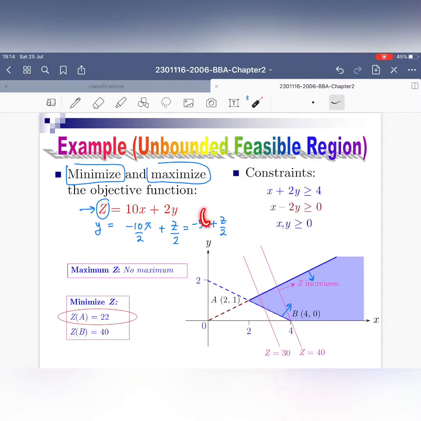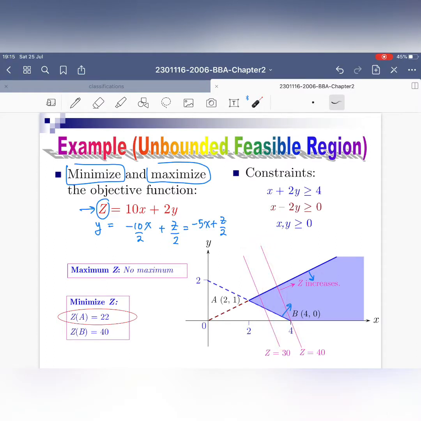If your x is 0, you are going to get your y-intercept as z over 2 somewhere here. And if your y is 0, your x will be z over 10, and because your x and y are all positive, your z should be positive. So it will be something like this. These are the lines.